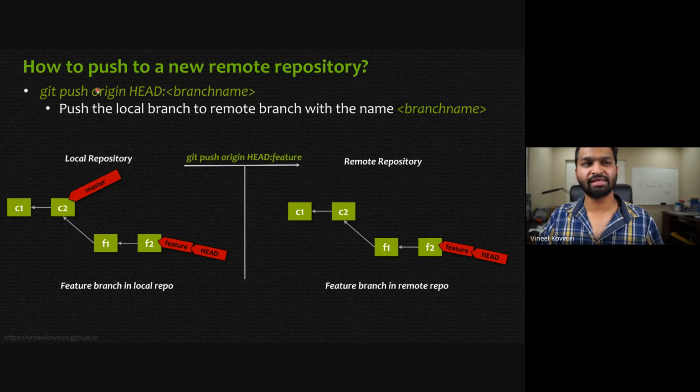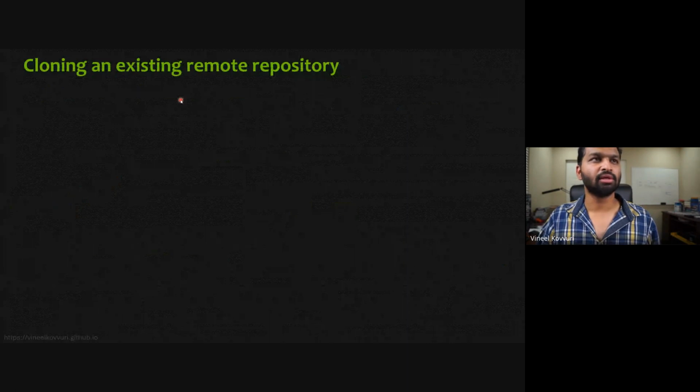It tells you exactly where you are pushing, how you are pushing and which branch you want to push. But if you come across any documentation which does not give this, it also means the same. It's basically pushing to the default remote with whatever is your current branch. So both are the same. I tend to be explicit because I have been using this for quite some time.